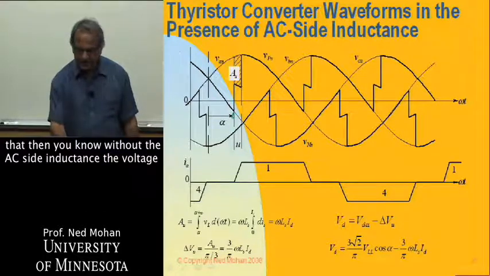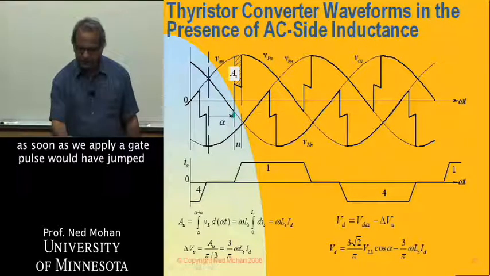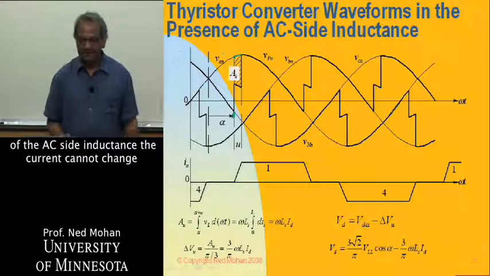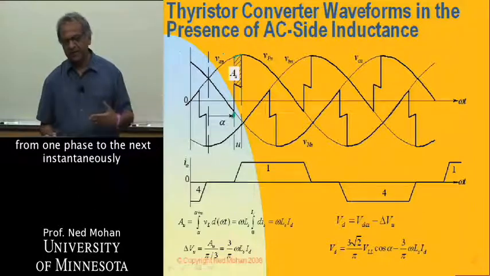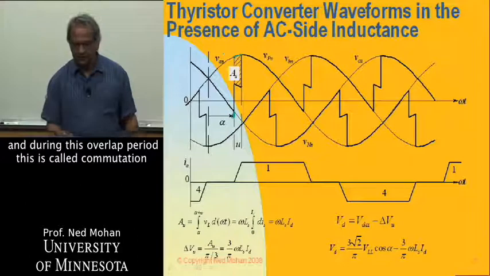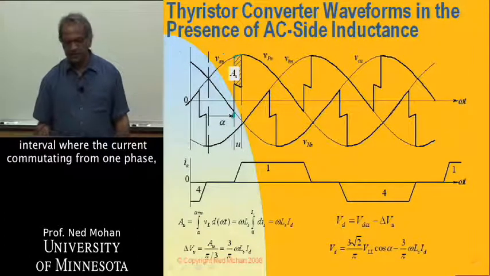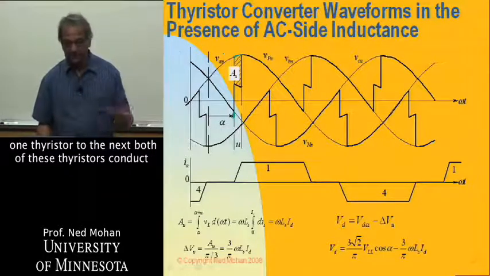Without the AC side inductance, the voltage, as soon as we apply a gate pulse, would have jumped, and this curve would have been followed. But because of the AC side inductance, the current cannot change from one phase to the next instantaneously. So there is an overlap, and during this overlap period, called the commutation interval, the current is commutating from one phase or one thyristor to the next.